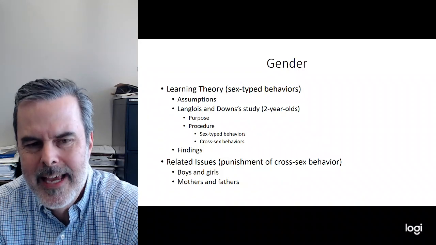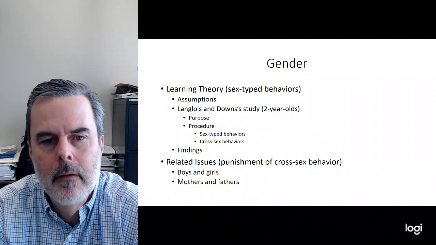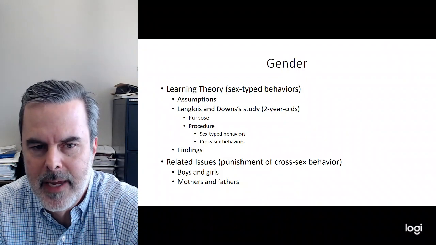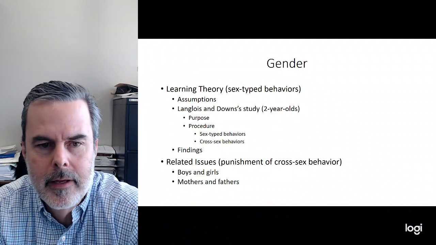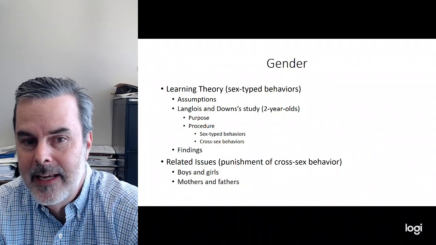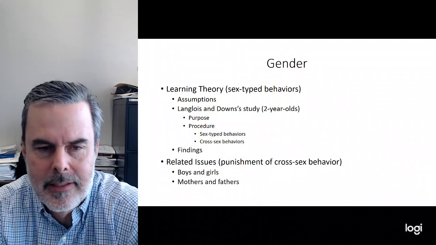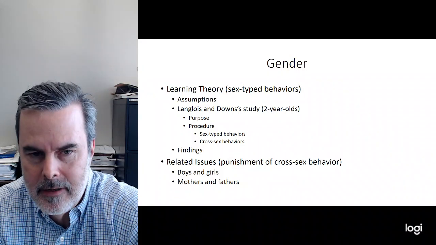The two key assumptions were first, that parents would reinforce sex-type behaviors, effectively reward sex-type behaviors, praise children, if you will, for acting in a way that was consistent with their gender.